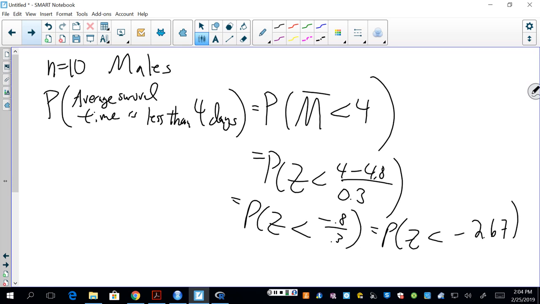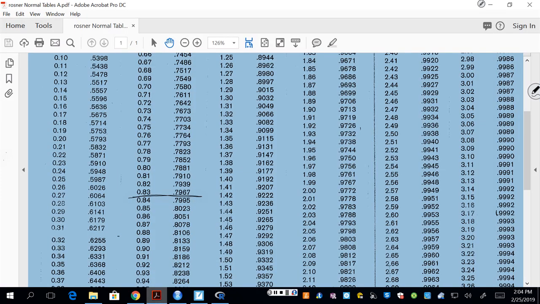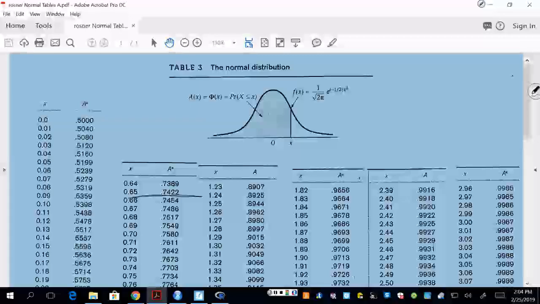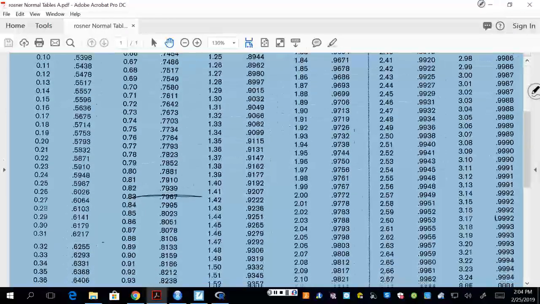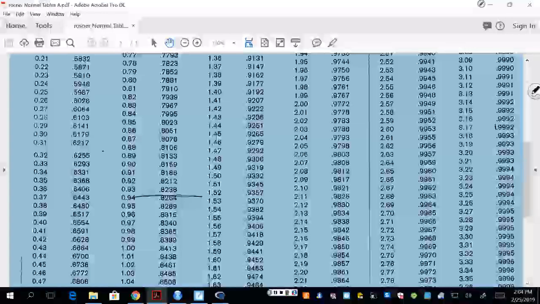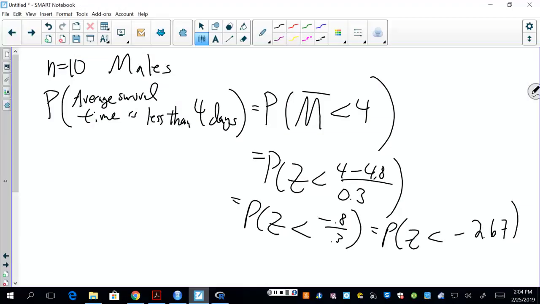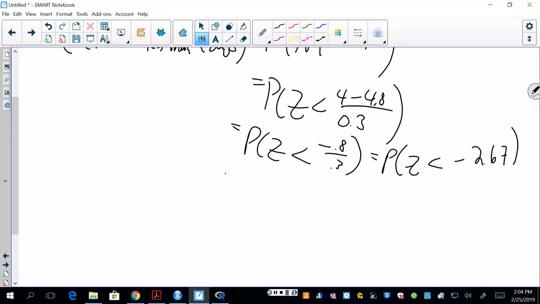So if you look at 2.67, there we go. 2.67 is all the way over in this column. 2.67 is 9962. But that's less than that. We need the tail area. So 1 minus 9962 is going to be our answer. 1 minus 0.9962, so 0.0038.